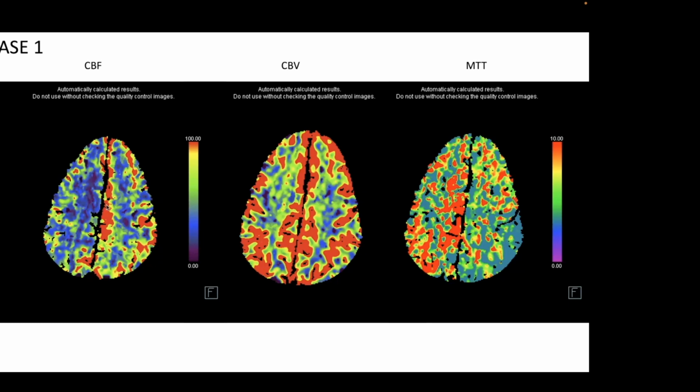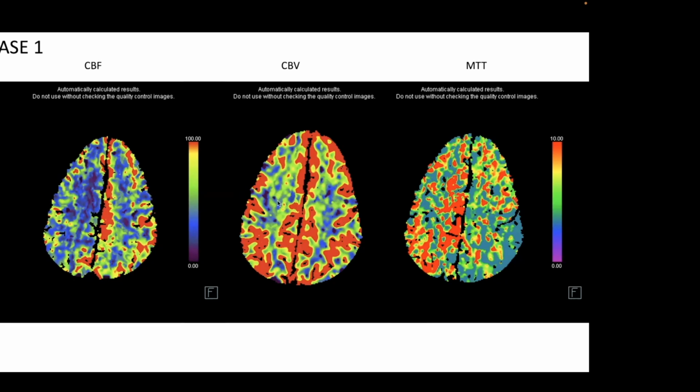So usually if you look at the scale, right, the idea is that this is 0, and the yellow and red is going to be higher cerebral blood flow. We expect the cortex to have higher cerebral blood flow. But on this side, there's actually less flow, not just here, but throughout the hemisphere. Now, you notice that the cerebral blood volume image is actually pretty symmetric, right? Yes, pretty symmetric.